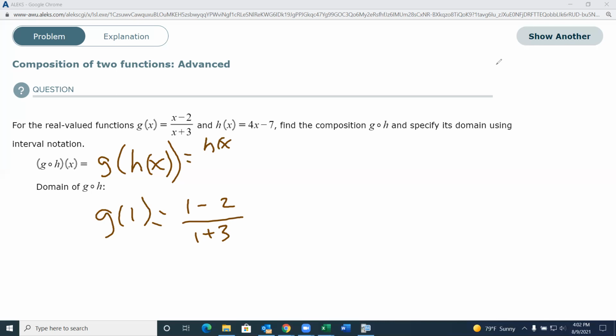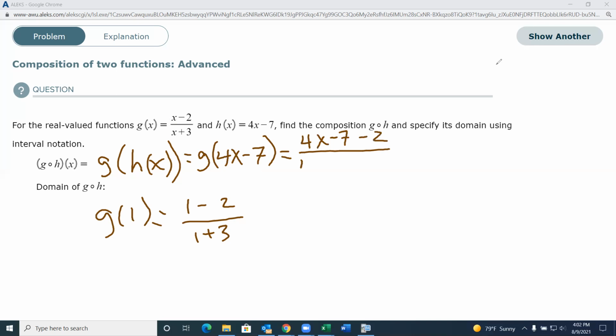Except one nice way to do this, I think most people prefer, is to go like this first and say, well, h of x is 4x minus 7. Okay. So I'll just plug 4x minus 7 in for x in the g function. So 4x minus 7 minus 2, plugging it in right there.